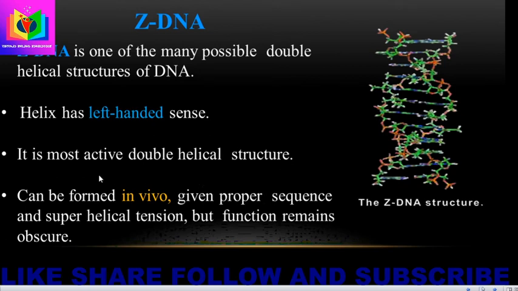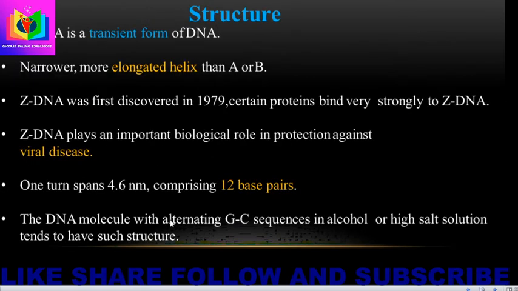It is the most active double helical structure, and can be formed in vivo. This is not in vitro, this is an in vivo structure, given proper sequence and supercoiling tension, but its function remains obscure. zDNA is a transient form of DNA, narrower and more elongated than A or B DNA.